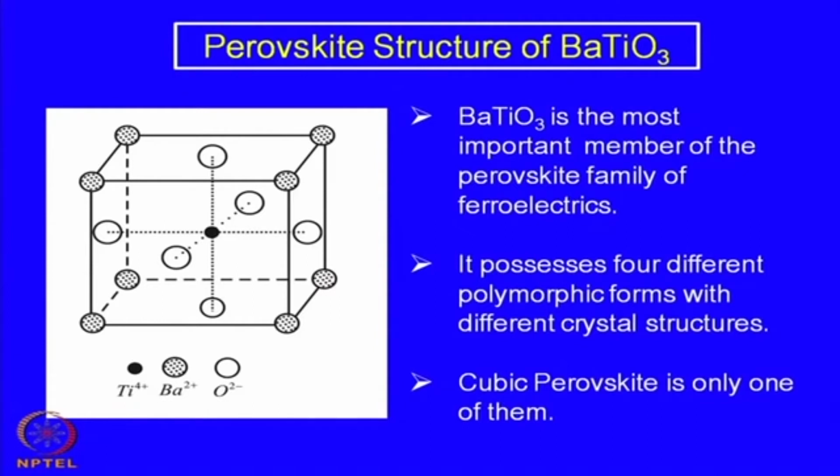Others do not have a perovskite structure. They have a different structure, different symmetry, and we will discuss them later on in this class. Cubic perovskite is only one out of the 4 structures that barium titanate possesses.